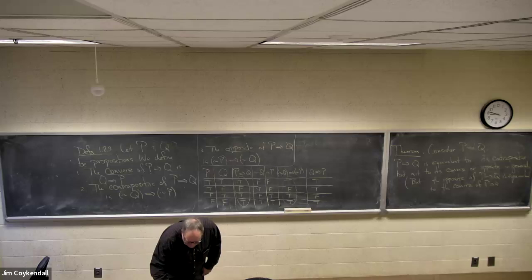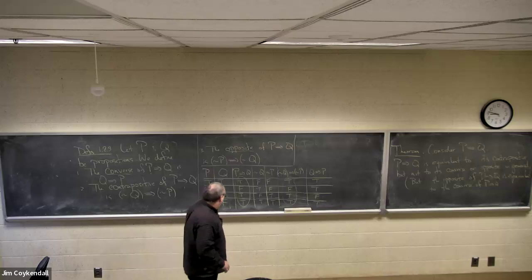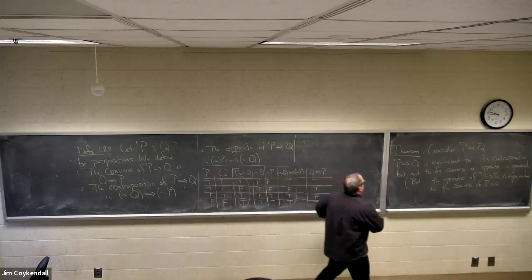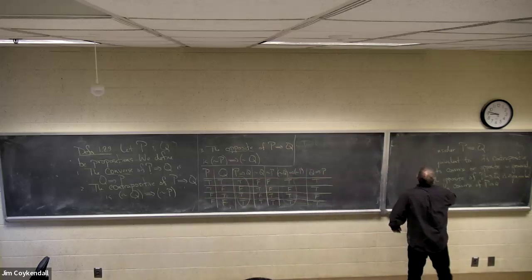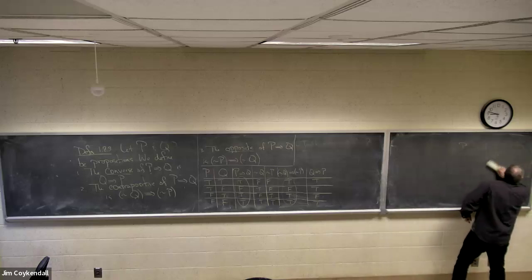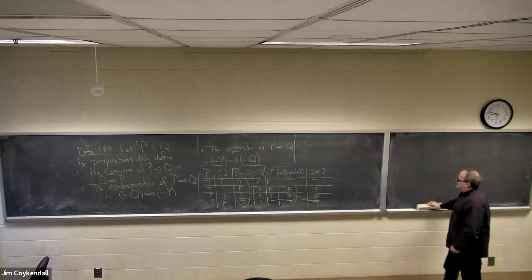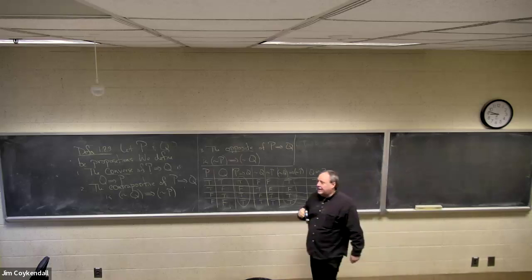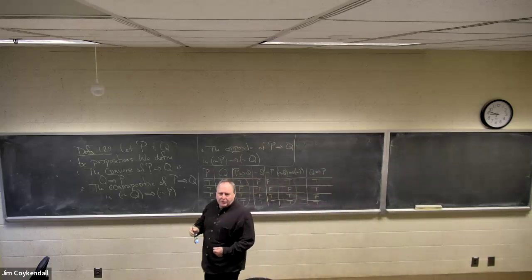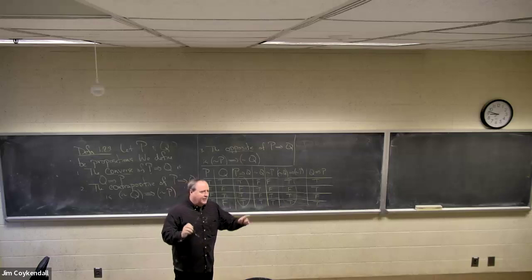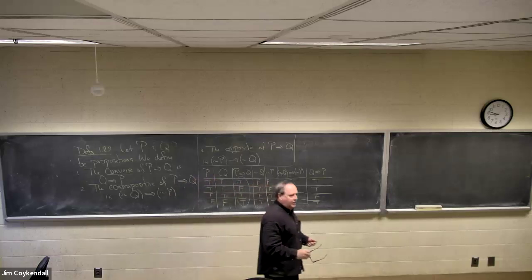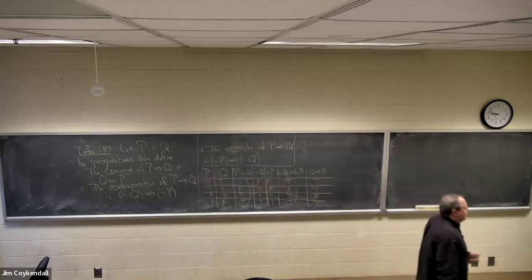Any questions so far? Okay. Now, one of the most important things that can happen in math, oftentimes what you're doing is you're trying to show things are the same in a looser sense, right?